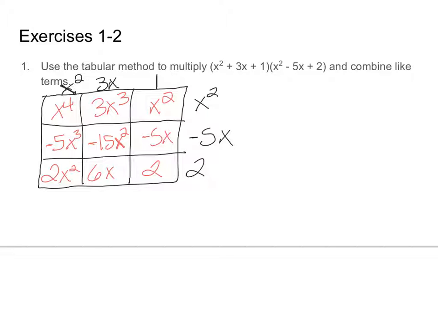So if I go down this diagonal, I get x to the fourth. I'm adding now. Negative 5 and positive 3 gives me a negative 2x to the third.